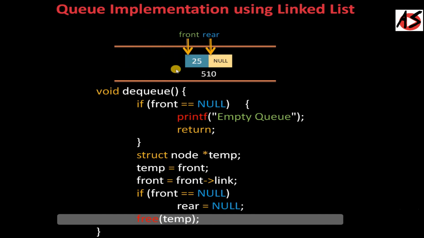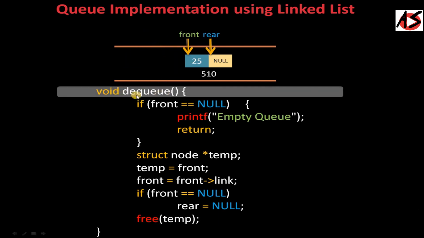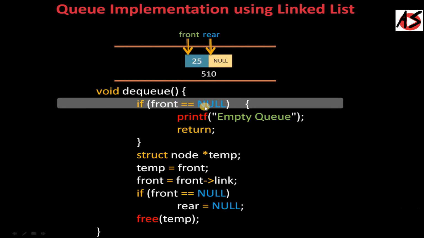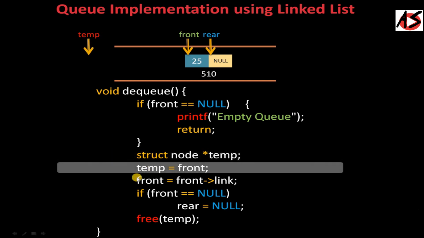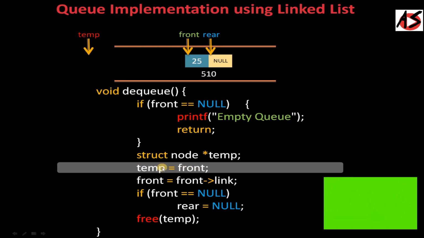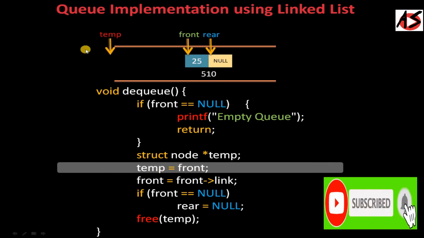Now again you call the dequeue function for one more deletion. You check the condition front is equal to null, which is false here. So you go to the next line, the creation of the temporary variable, and then you set temp is equal to front. Front is indicating the 510 address, so temp is set to the front node.